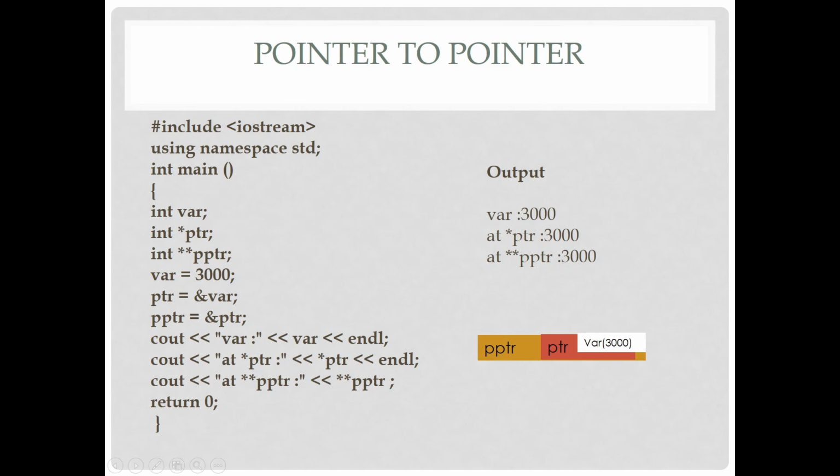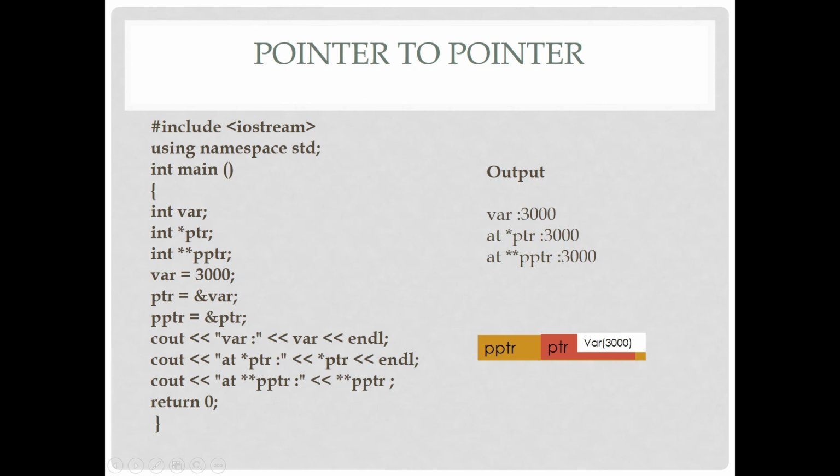You can see this figure wherein 3000 is inside var, this var's address is inside ptr, and this ptr's address is inside pptr. In the first statement you can see ptr = &var, which means the address of the variable is stored in ptr. Now in the second line, the address of ptr is stored in pptr.